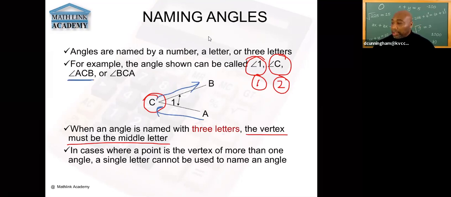Or you can also name it BCA, where the C must be in the middle. In either case, the vertex, whatever the letter is, must be in the middle.